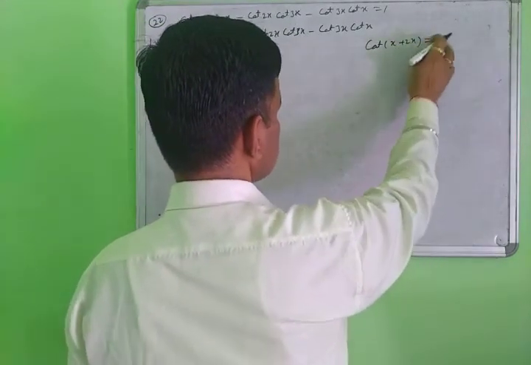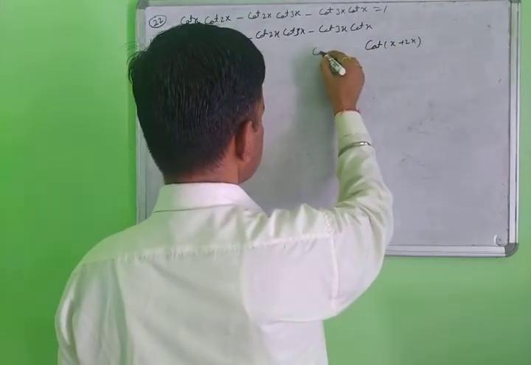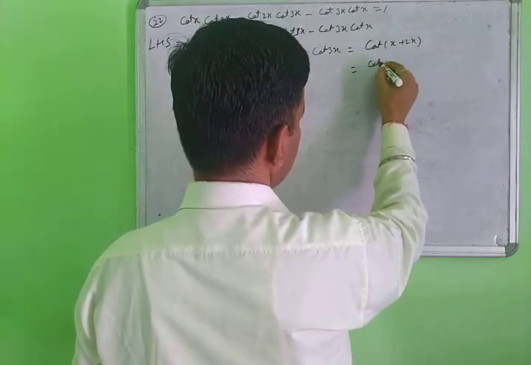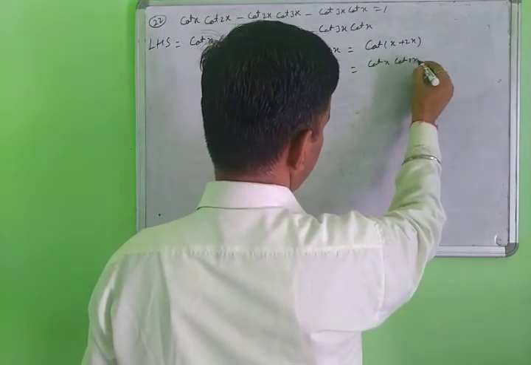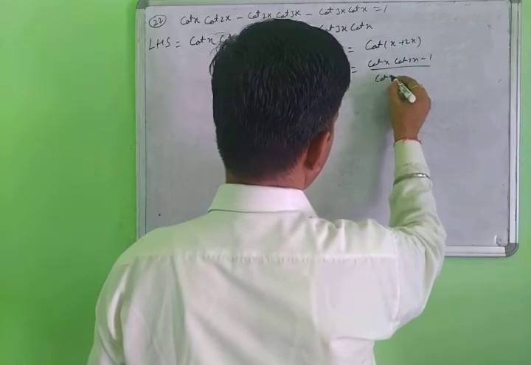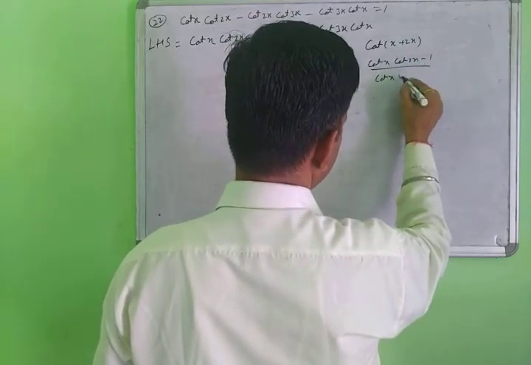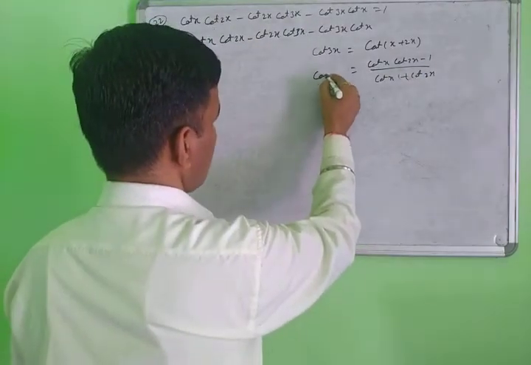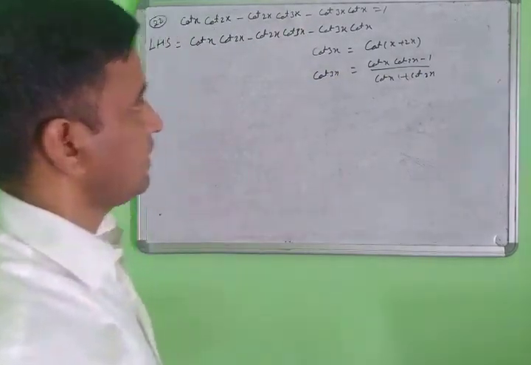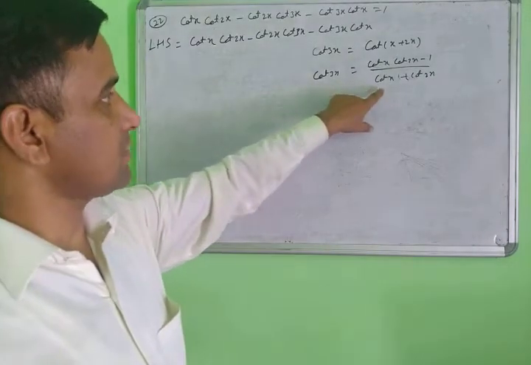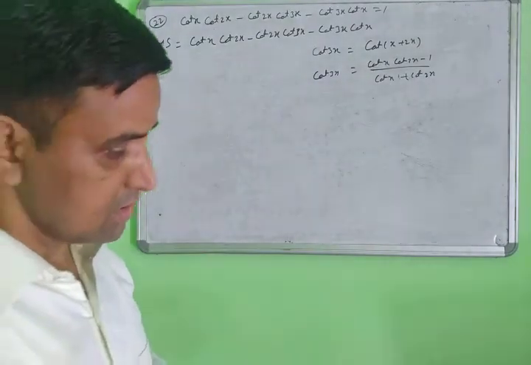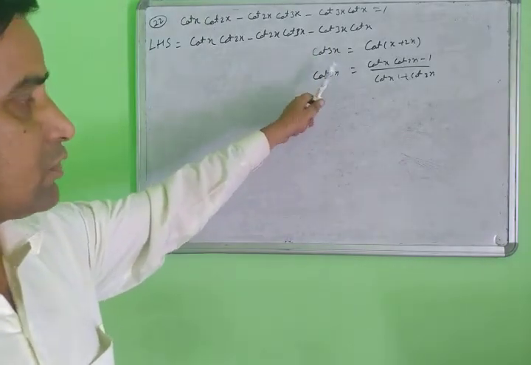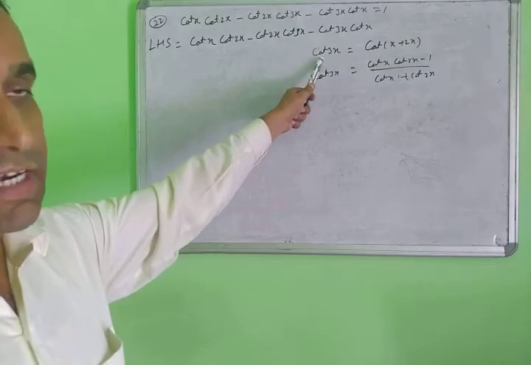Using this for cot 3x, cot x cot 2x minus 1 upon cot x plus cot 2x is equal to cot 3x. If you multiply, you get these equations. According to this formula of cot 3x, we can solve this question with the help of the identity of cot 3x.